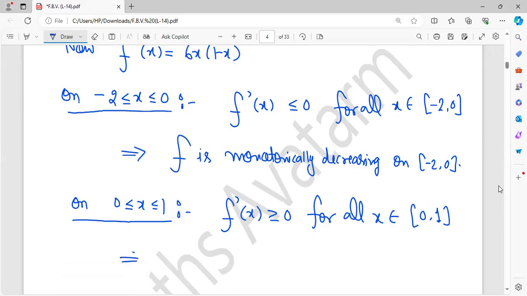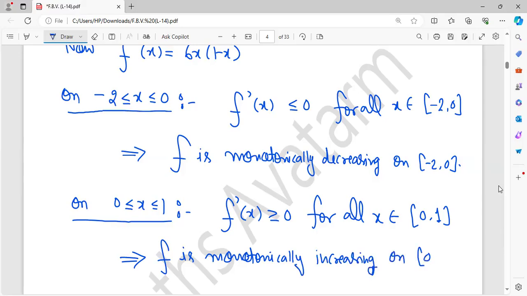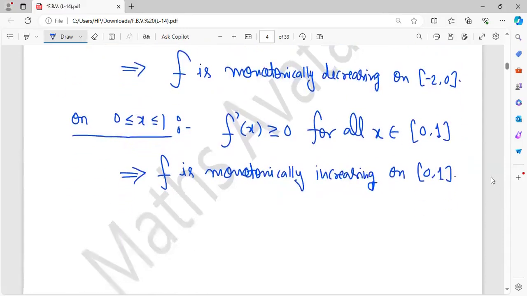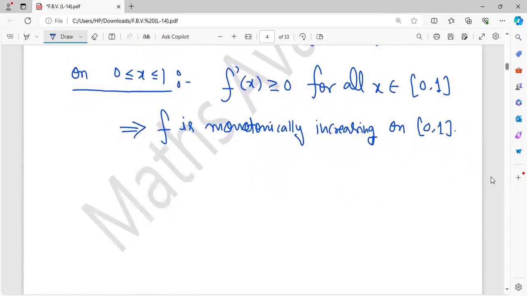So this implies f is monotonically increasing on the closed interval 0, 1. Okay. So on minus 2 to 0 it is monotonically decreasing, and on 0 to 1 it is monotonically increasing.